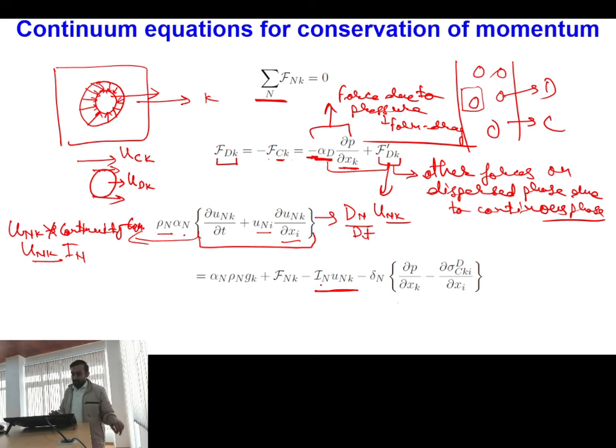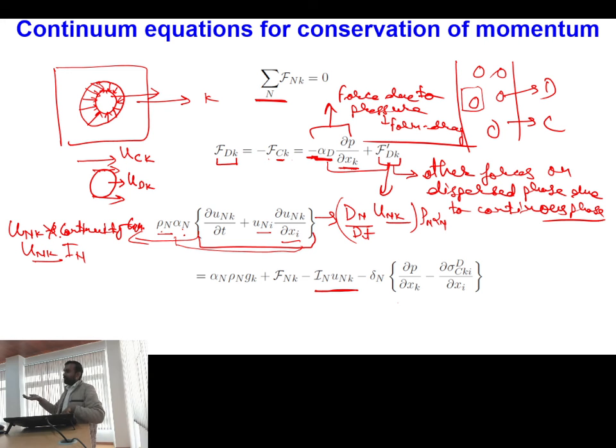Is this one clear? When you apply the method of separation of variables, one part you get is the Lagrangian derivative times rho n into alpha n, and the other is u n k times the continuity equation.